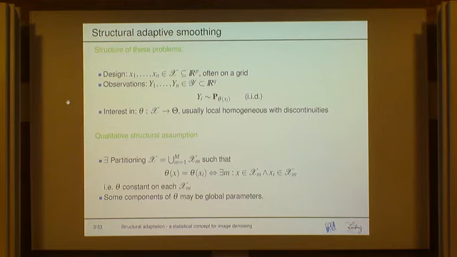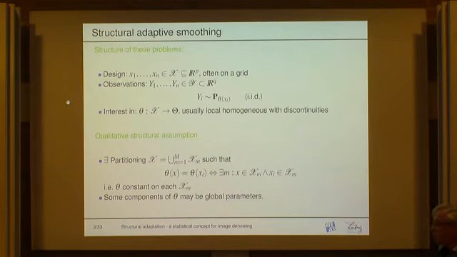And these observations follow a certain probability distribution. So probability distribution P, which is parameterized by some parameter theta depending on location. And there's interest in a mapping of theta from the design space to the parameter space. So in principle, that's something like a regression problem that you try to solve here.